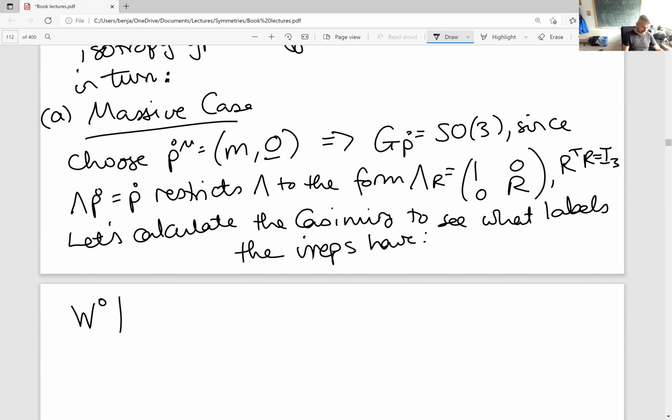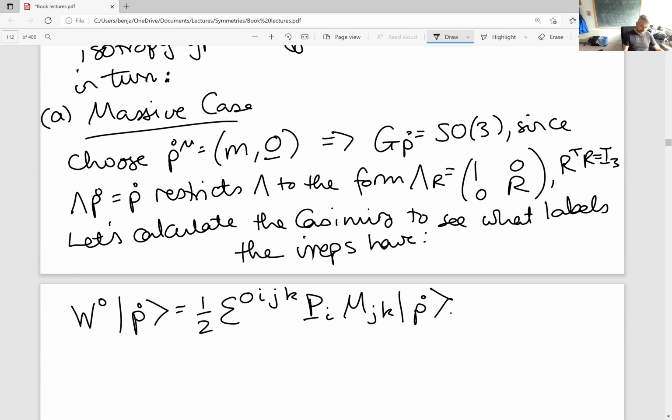Let's consider W0 acting on our P dot. If you just substitute in for W0, you get epsilon 0 ijk P i M jk on P dot. Now, the eigenvalue of Pi on P dot is P dot i, which is 0, so this brings back 0.